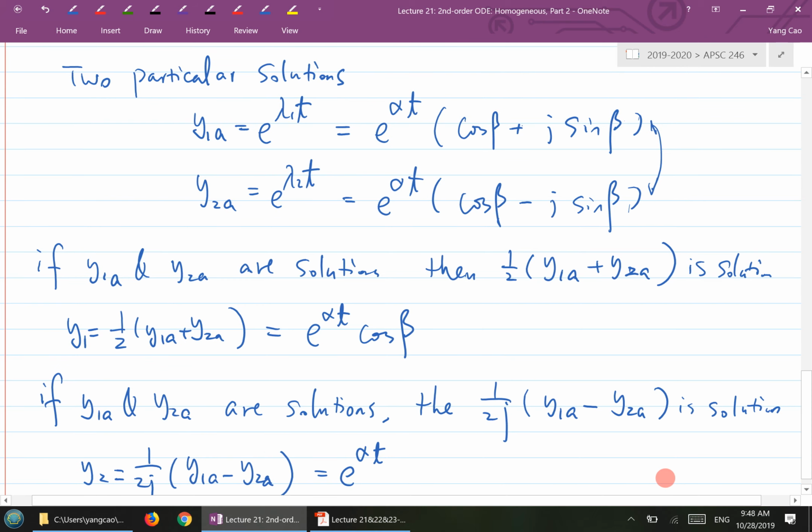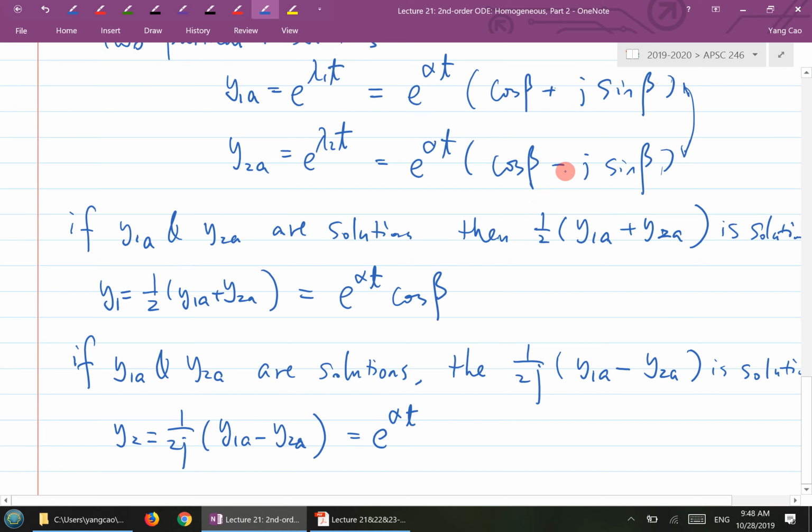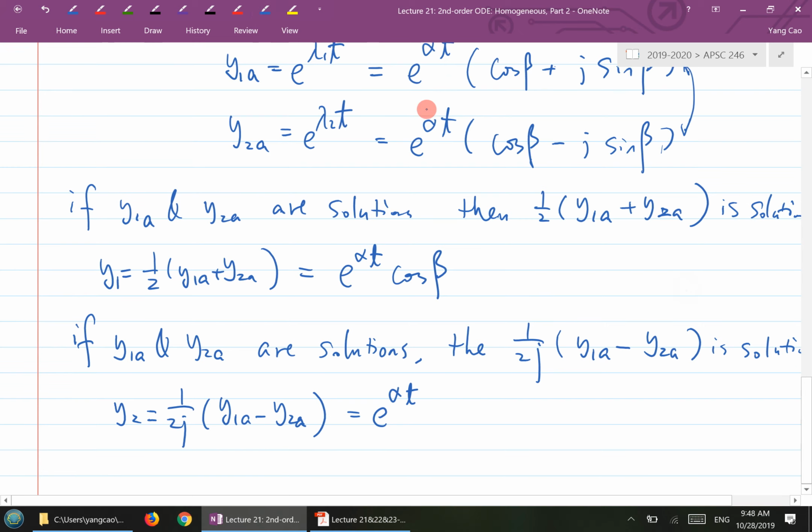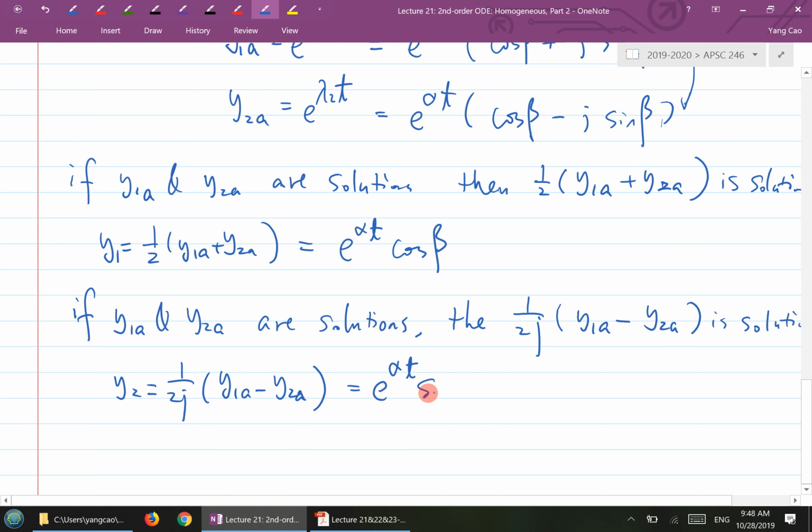They cancel out. Plus minus positive minus minus, you get a positive. Then you get 2 times j sine beta times e to the power of alpha t. So that gets sine beta, and then you divide by 2j, you get rid of the coefficient 2j.